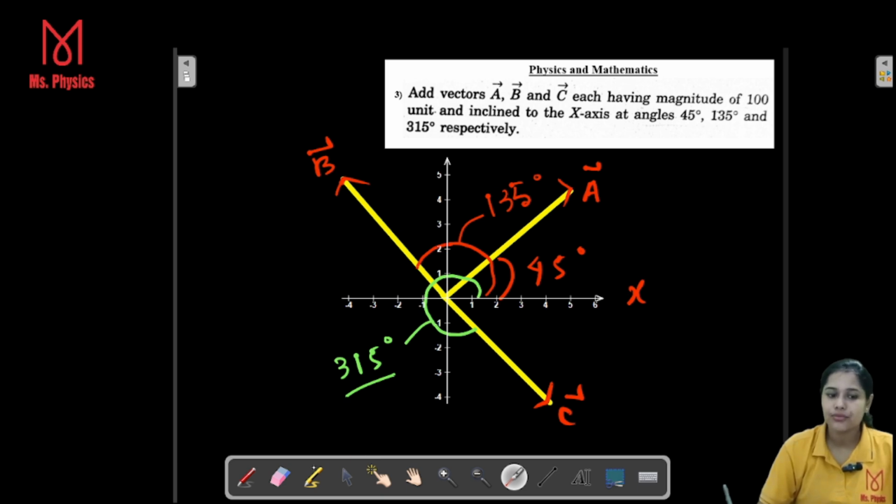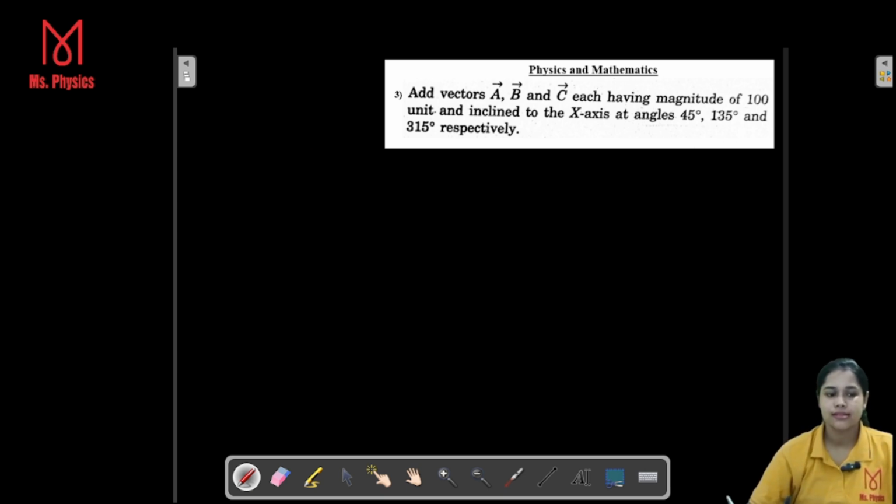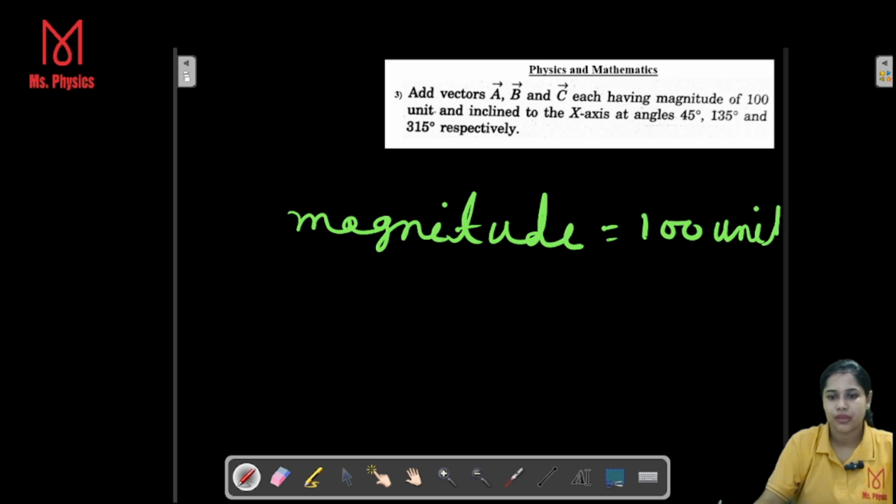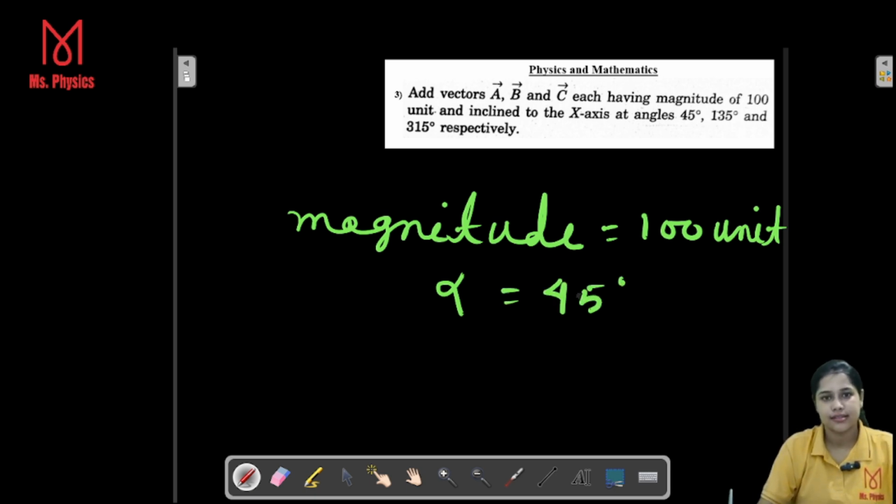Therefore the resultant would be only A. So the resultant vector would be A with magnitude 100 unit and angle 45 degree. So the answer is very simple: the magnitude is equal to 100 units, and the direction, that is the angle, alpha is equal to 45 degree. So this is the answer.